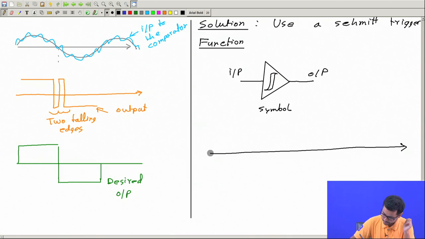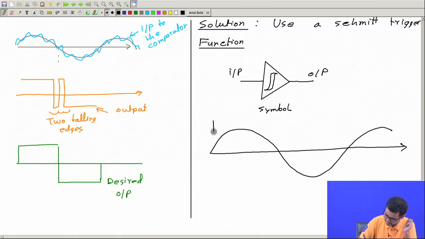Let me take a sine wave. Okay. So this is input, this is time, this is 0 volt or input equal to 0.